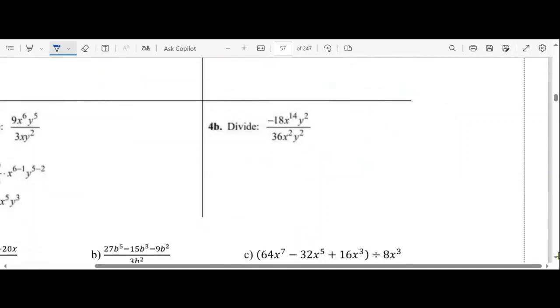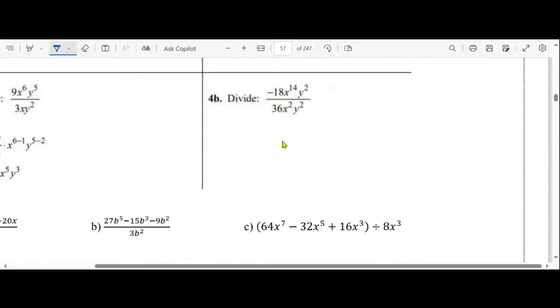One in the corner there, please. Tell me the answer for this one. Yes. So this will give you what? Negative 1 here, and that will give you 2. So your answer is going to be negative 1 over 2. Half. Negative half. Now what about the x's? 14 minus 2, and y 2 minus 2.